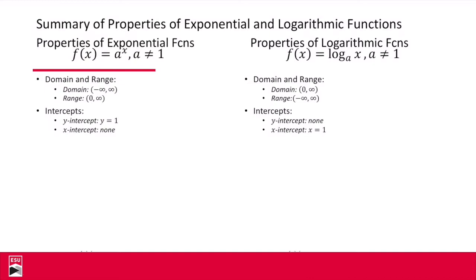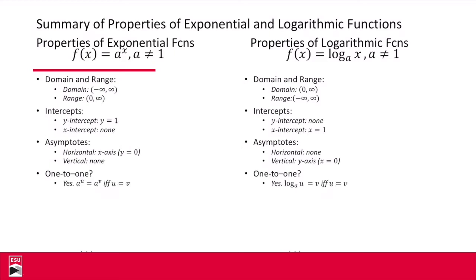Because a, our base, to the 0th power gives us 1. So our asymptotes, like I just said, exponentials have one at the x-axis and logarithms at the y-axis.